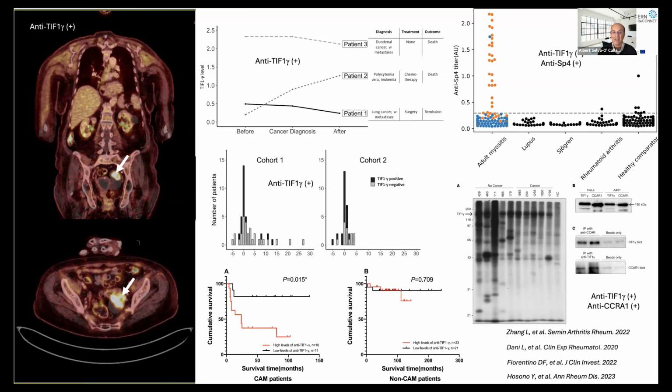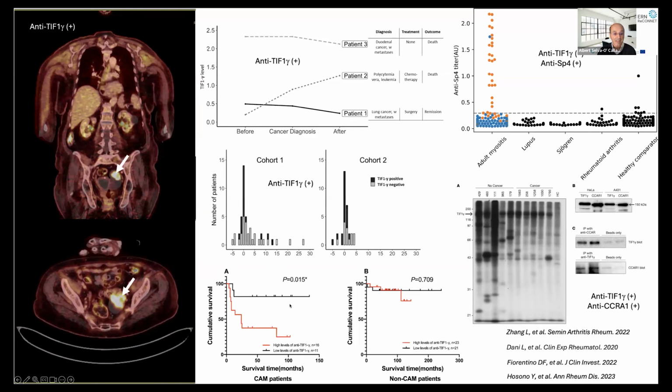But not only that, the anti-TIF1 gamma, when it presents with high levels, could also be a good marker of outcome. So the higher the levels of TIF1 gamma in patients with cancer, the poorer the cumulative survival. So the poorer the outcome.